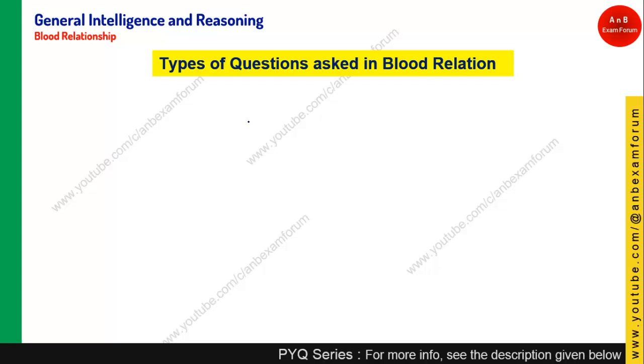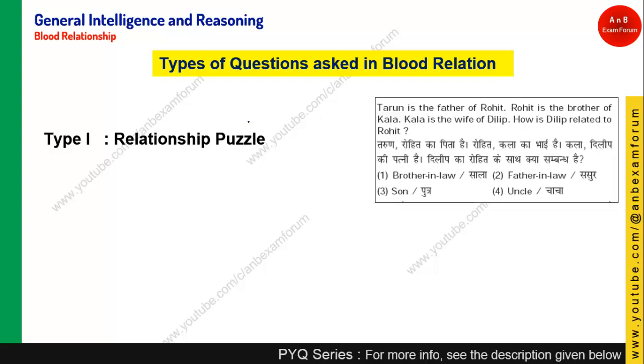The first type is the relationship puzzle. In a relationship puzzle there will be some persons, like Tarun and Rohit, and there will be some relationship between those persons, and you have to find the relationship between any of the persons given in the question. You are solving a puzzle, so that's why it is called a relationship puzzle, and this is the most common type asked in all the exams.